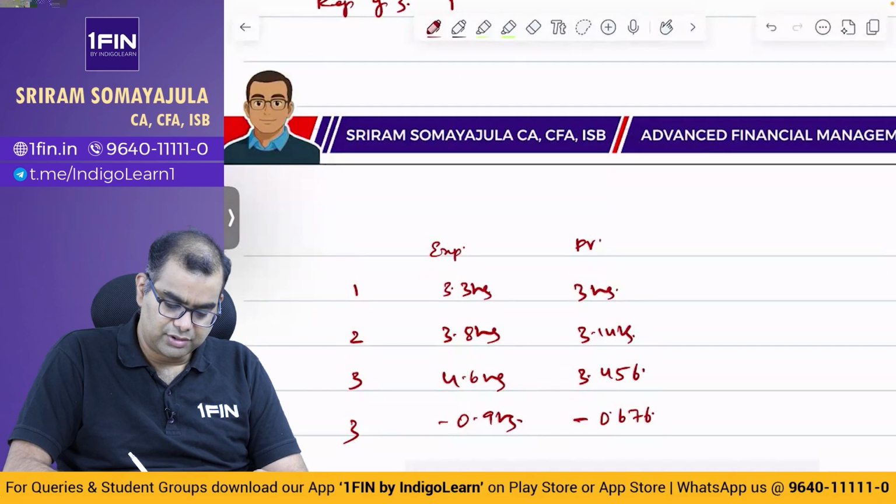So plus 20 and 1 by 1.12, which is 0.893. So 20 into 0.893 is equal to 17.86. They said final answer 2 decimals, present value factor 3 decimals.